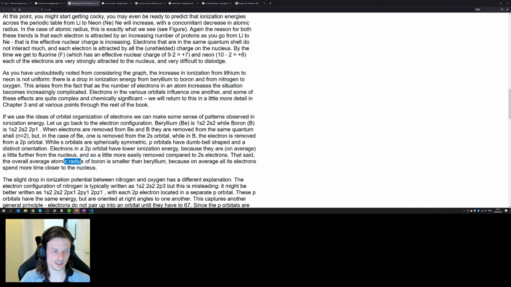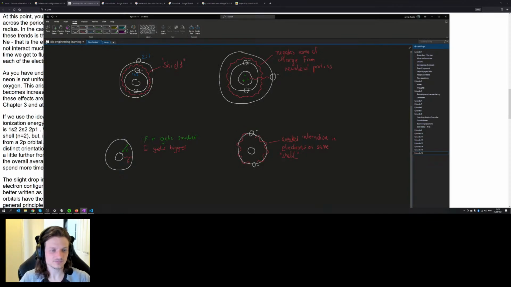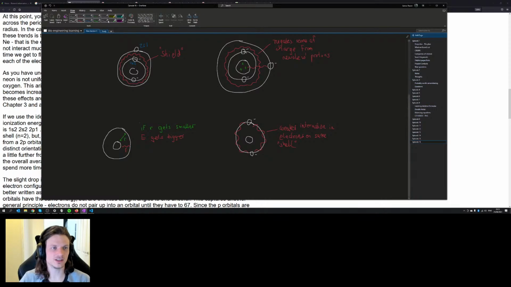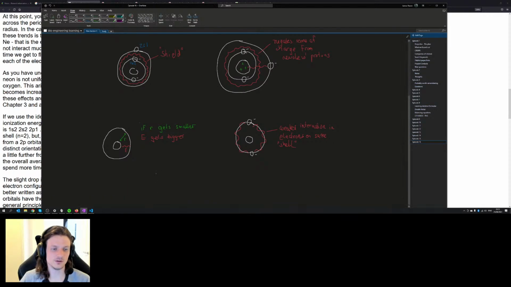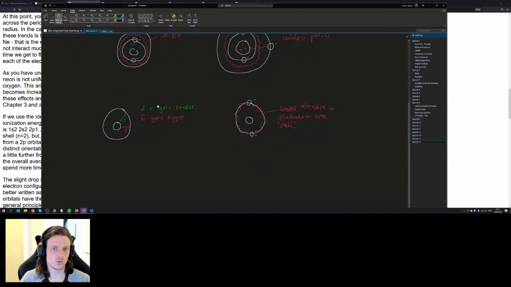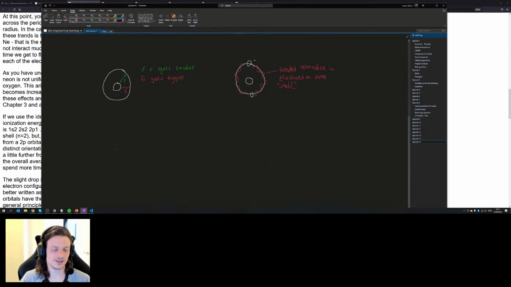Its average radius. Oh, so this R is probability based. No, well, it's the average based on all the probability of movement. I did not know that. That is fascinating. I guess it makes kind of sense.